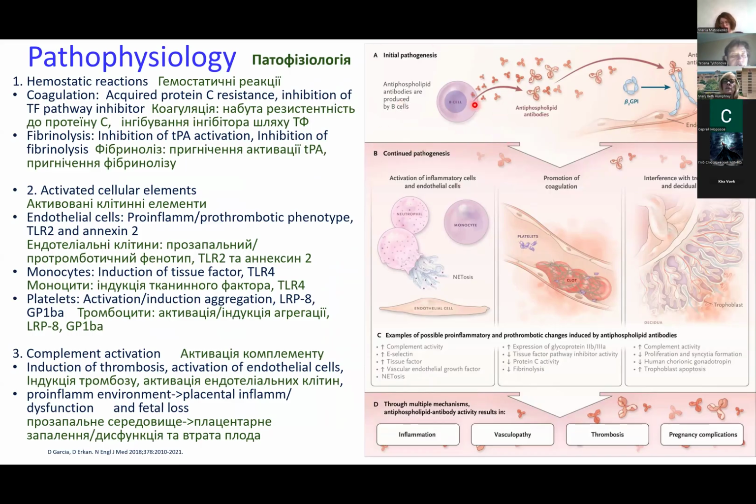Let's say that you have a B cell that's making antiphospholipid antibodies. In this particular case, it's a beta-2 glycoprotein antibody. The beta-2 glycoprotein can be on endothelial cells. It can be on the lining of the blood vessel. And then the autoantibody can come and recognize it.